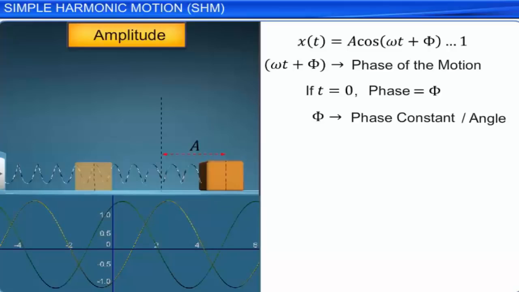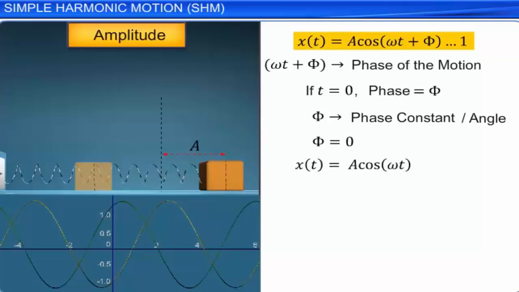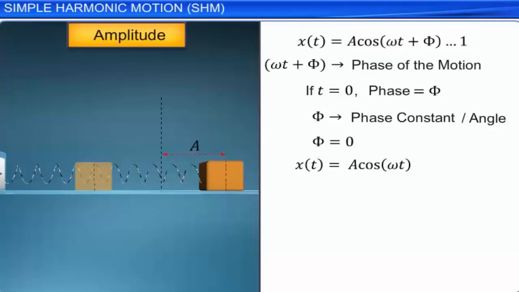For simplicity, if phase constant phi is considered as 0, equation 1 above can be written as x is equal to A cos omega t. We saw that when time t becomes equal to the time period T, the displacement x becomes equal to A. This implies that cos omega t is equal to 1, or omega t is equal to 2 pi.